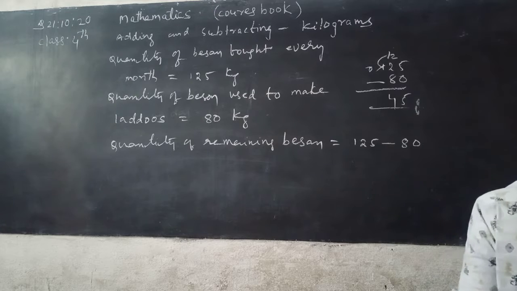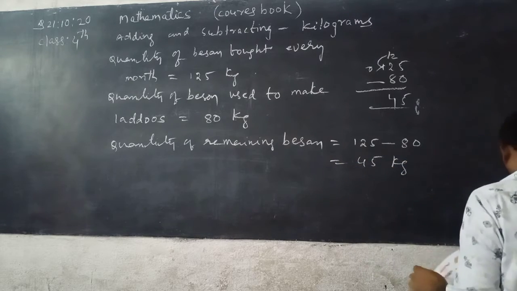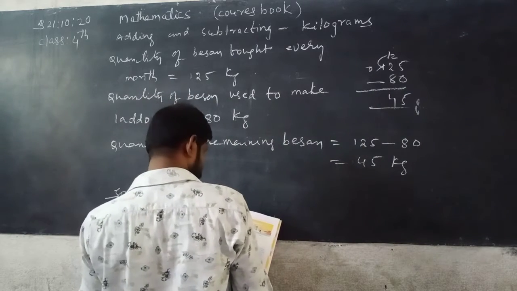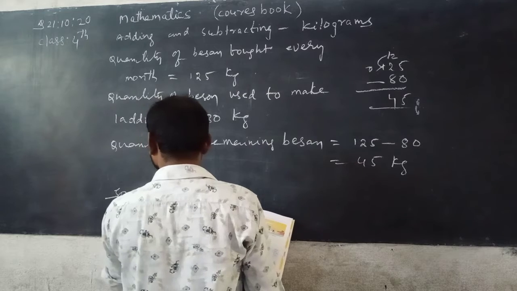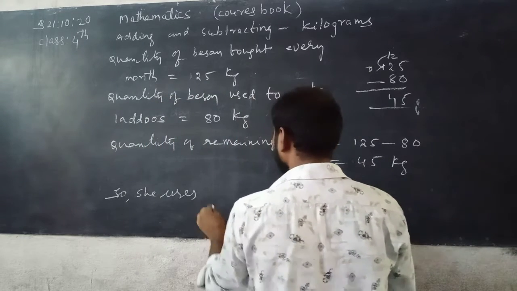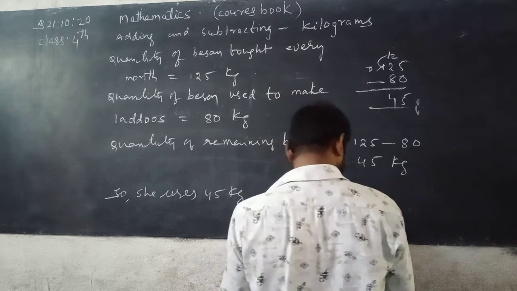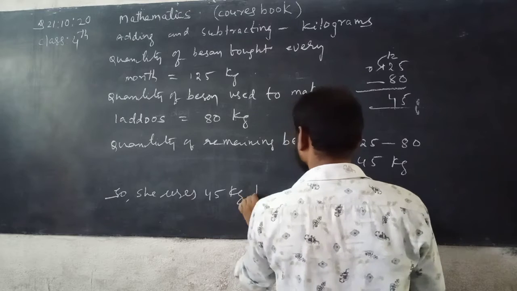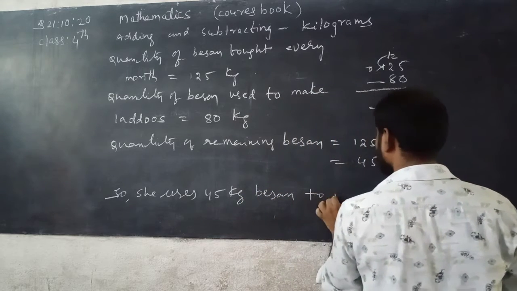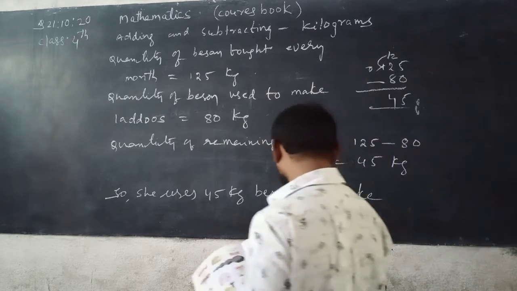So you get 45 kg. So she uses 45 kg besan to make Mysore pak.